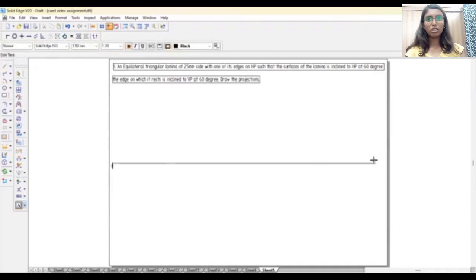Now go to text option. Now take X, write X and type Y. Then above the line we'll name it as VP and below the line as HP.